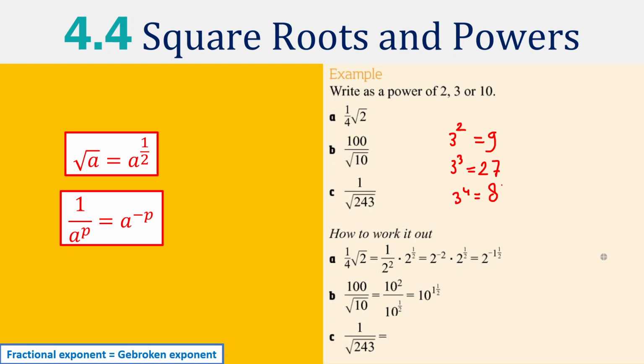It's 81. And if I do it times 3 again, I have 243. So this root can be written as 1 divided by the root of 3 to the power of 5.